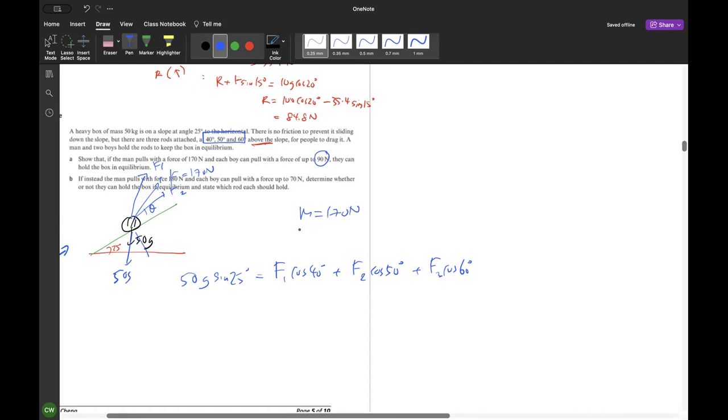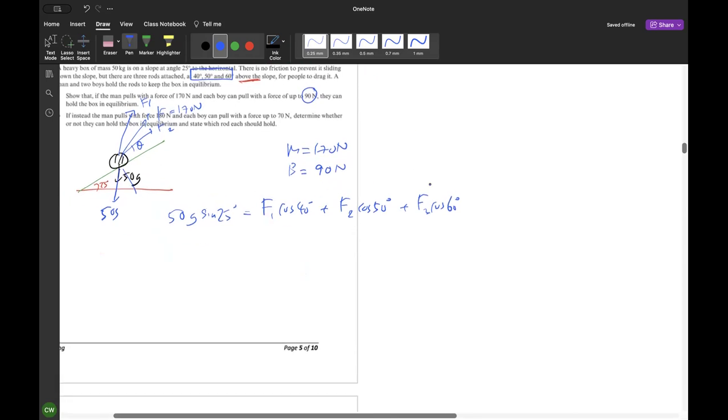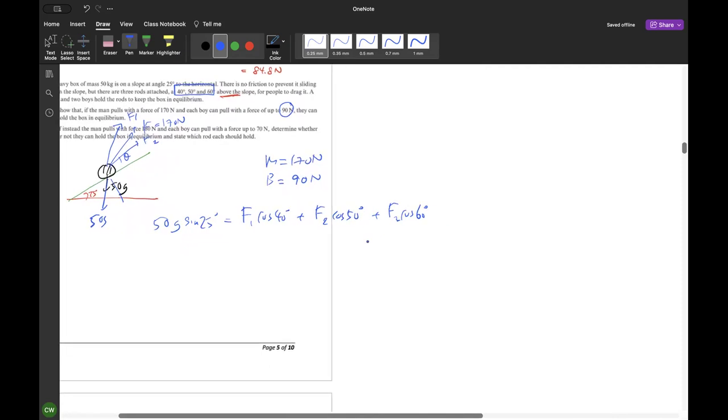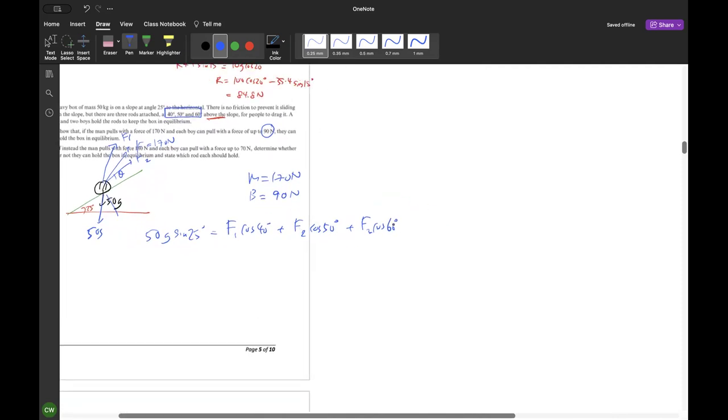The boy can exert a pull of 90. Are they able to hold or not? What is the largest force that you can produce? Largest force.